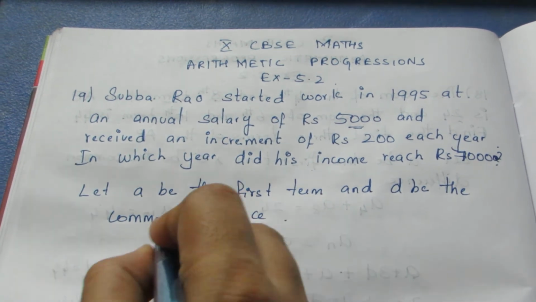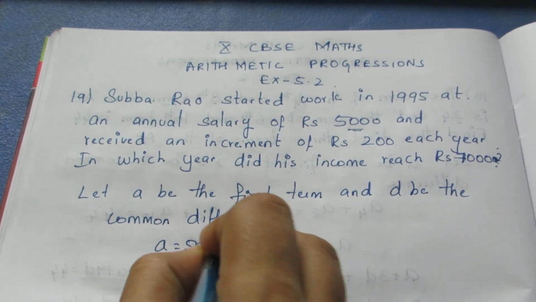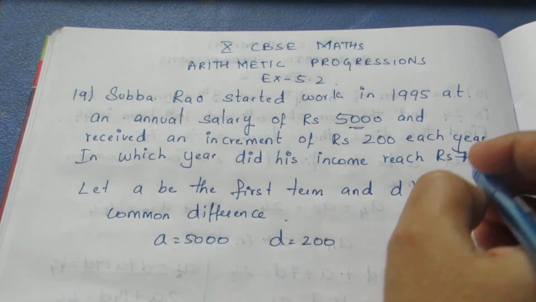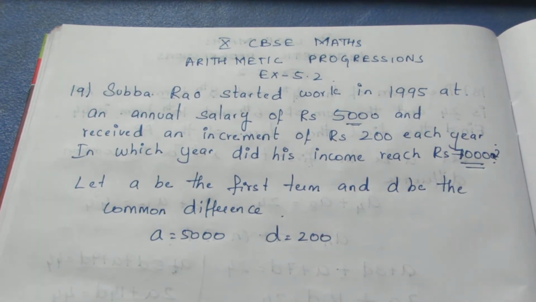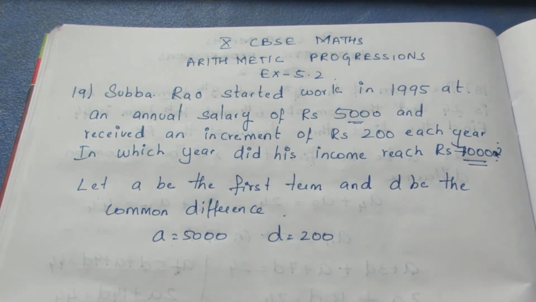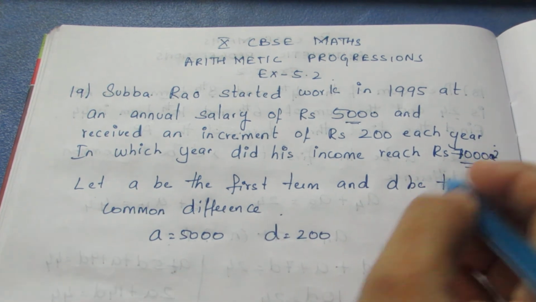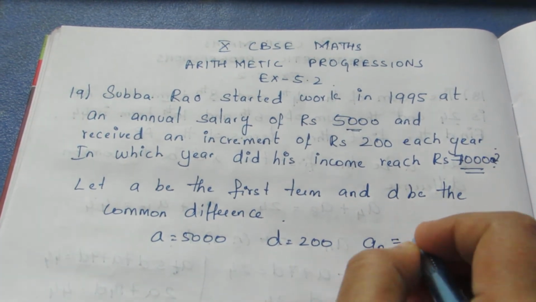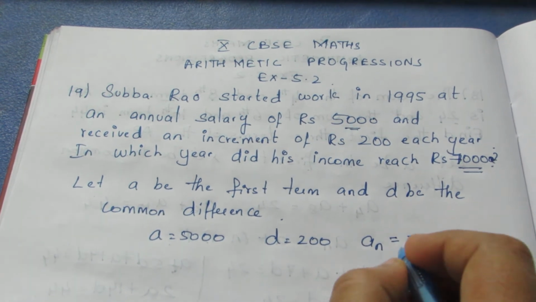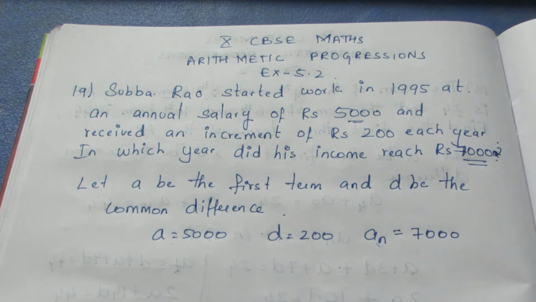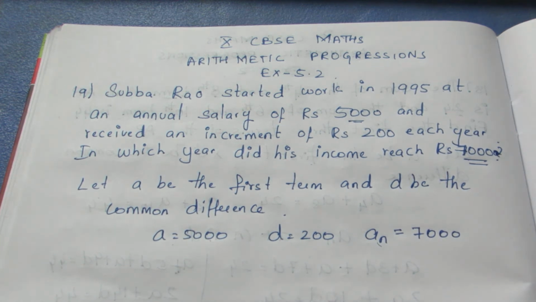Here they have given A to be 5,000 because that is the first year, and D equal to rupees 200. They have asked us to find N. In which year means in which term. Which term is nothing but AN, which is given to us as 7,000, and they have asked us to find this N. N is the term, which is nothing but the year. In this case it is the year.